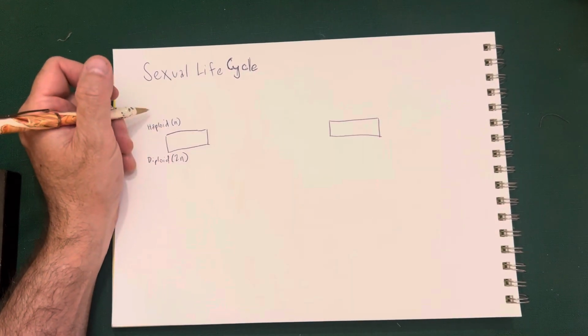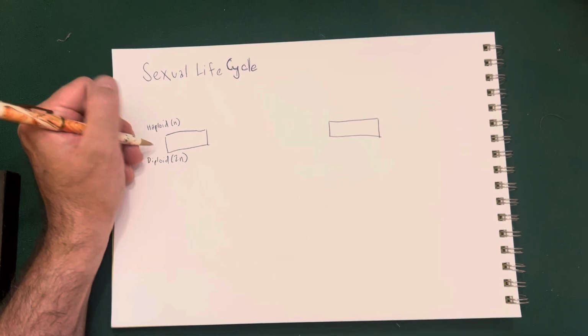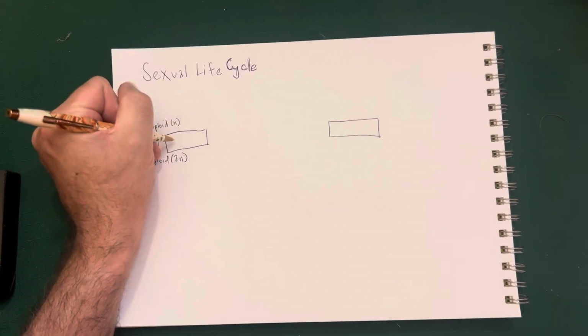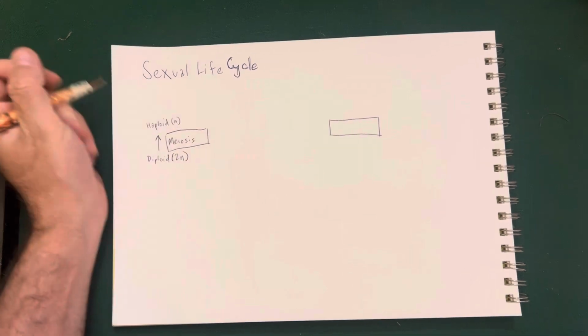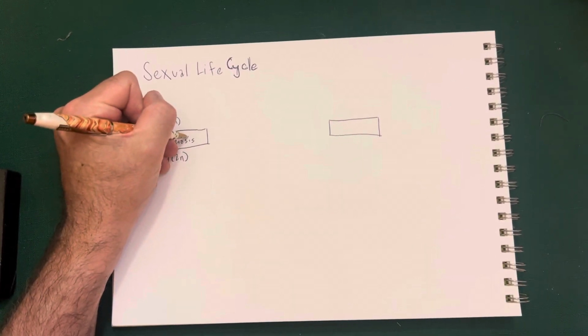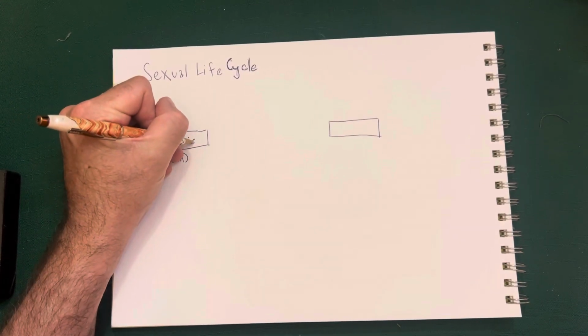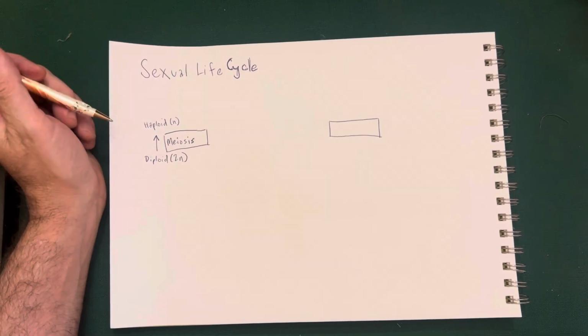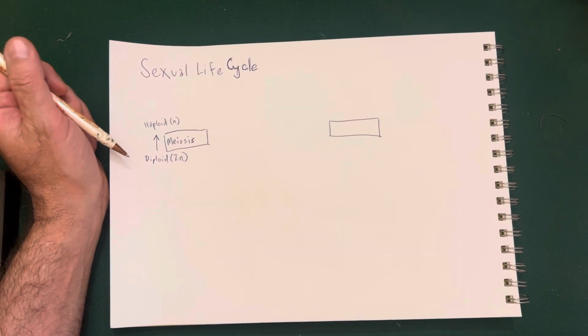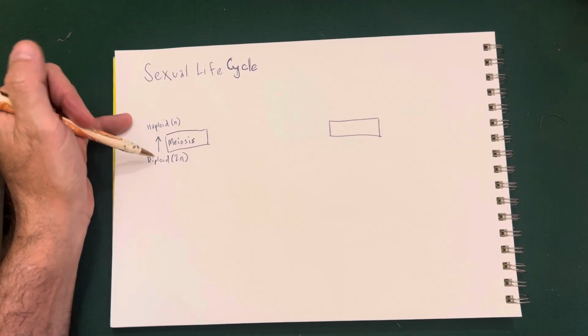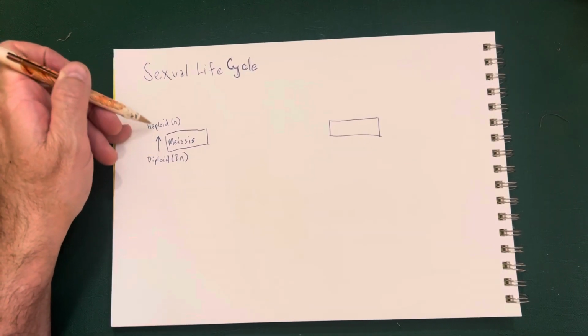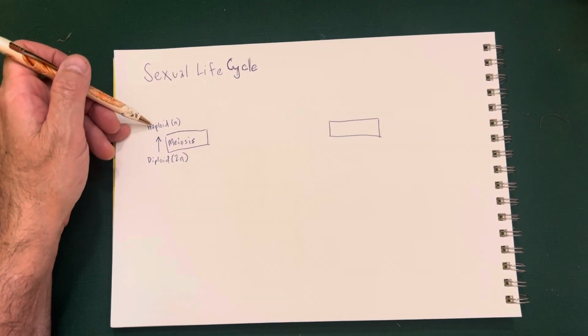Okay, so how we go from being diploid to being haploid is through the process we should know as meiosis, also known as reduction division. And the thing that's very important that happens in meiosis is we start with a diploid cell and we end up with haploid cells.